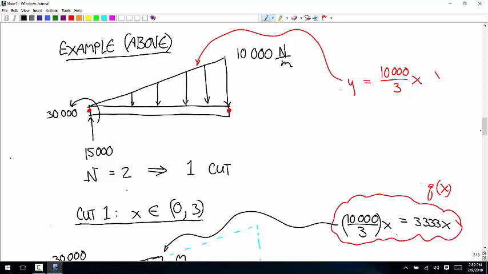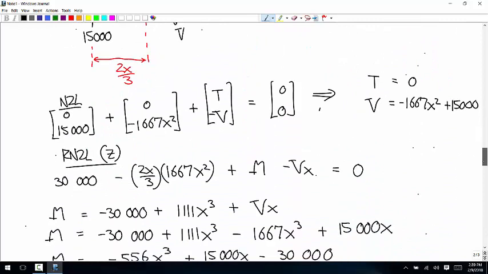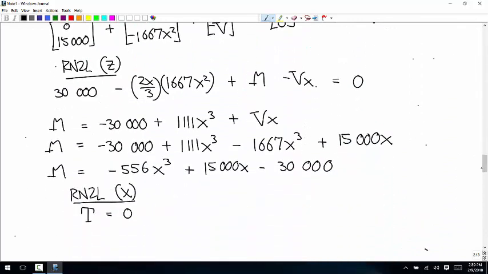The way to check that is to plug those x values into the bending moment function. Plug in x equals 0, you get negative 30,000. So that's non-zero like it should be.